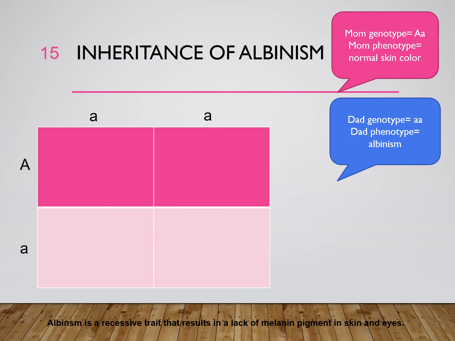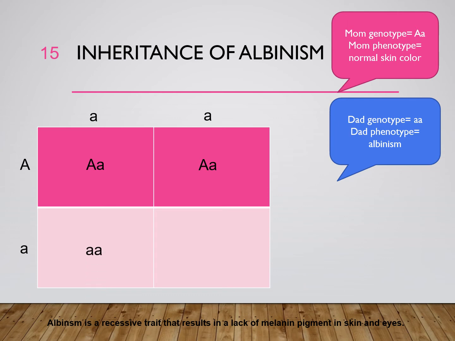Okay, so for our first square, we're going to bring the big A across and the little a down, and that's going to be our first genotype. So we're going to do the same thing on the top right, and we end up with the same genotype. Now let's look at the bottom left square. What do you think the genotype is going to be?